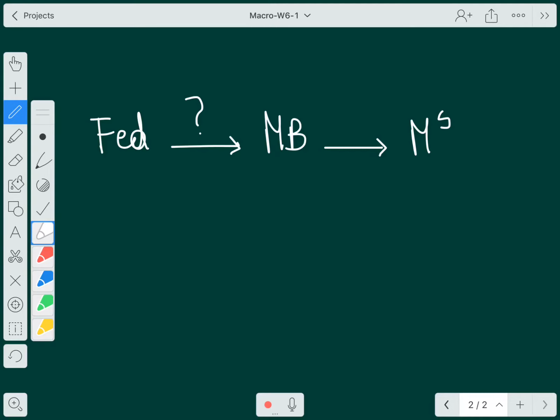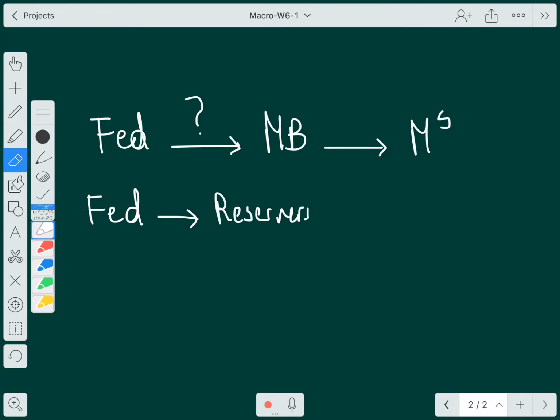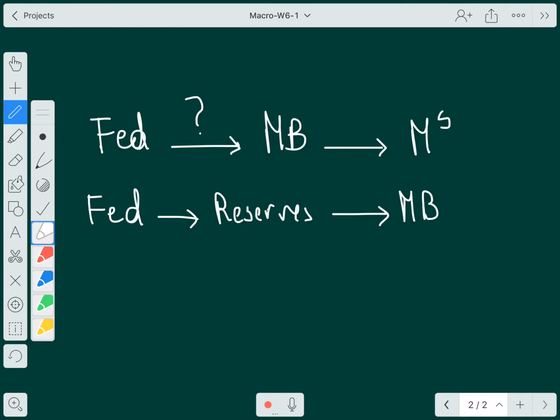And to be more specific, we said in the previous slide, the Fed can affect reserves, and actually reserves, sorry for the typo, are a part of the monetary base, and the monetary base is going to affect the money supply through its multiplication with the money multiplier.